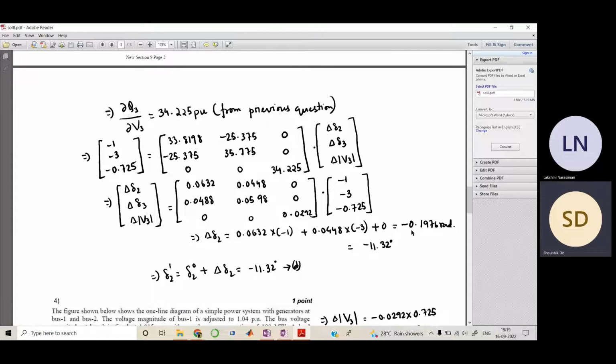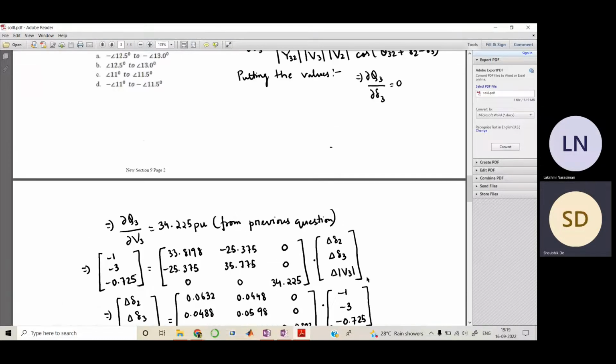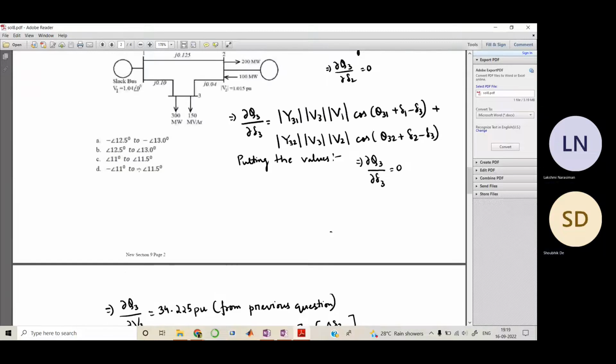It comes out to be -0.1976 radians, which is -11.32 degrees. After the first iteration it would be 0 plus this value, so it comes out to be -11.32, which is your option number D.